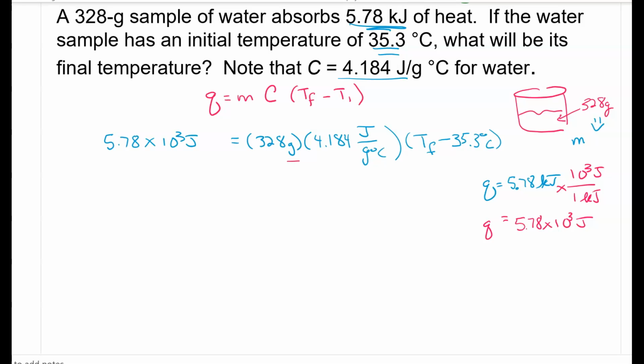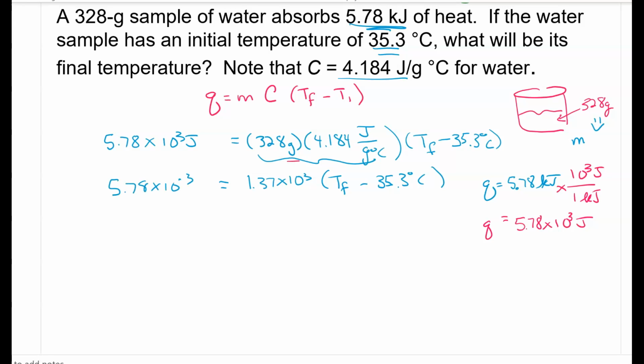Okay, so from here on out, it's really an algebra problem. And if you multiply those two numbers first, we get 1.37 times 10 to the third, and then it's T final minus 35.3 degrees C. We want to isolate TF, the final temperature.